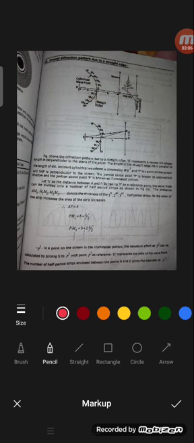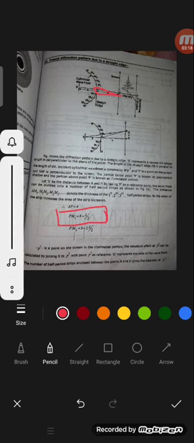If you draw a perpendicular line between P, A and M1, then PM1 is equal to b plus lambda by 2, and the path difference will be lambda by 2. Then the second zone will be 2 lambda by 2, so there will be a phase difference of lambda by 2.